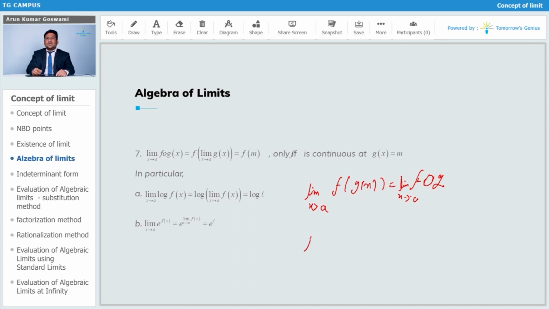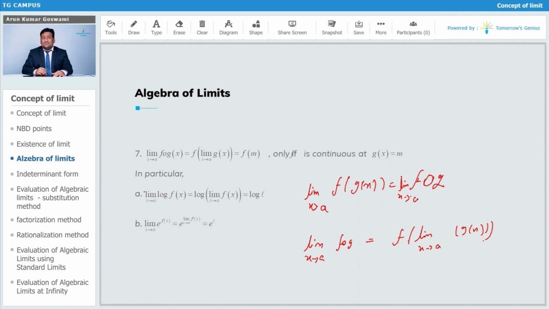In the next step I can say that limit x tends to a fog is equal to f of limit x tends to a g of x. So this is nothing but my another algebra property of the limit. Okay, let's see one of the examples on this.